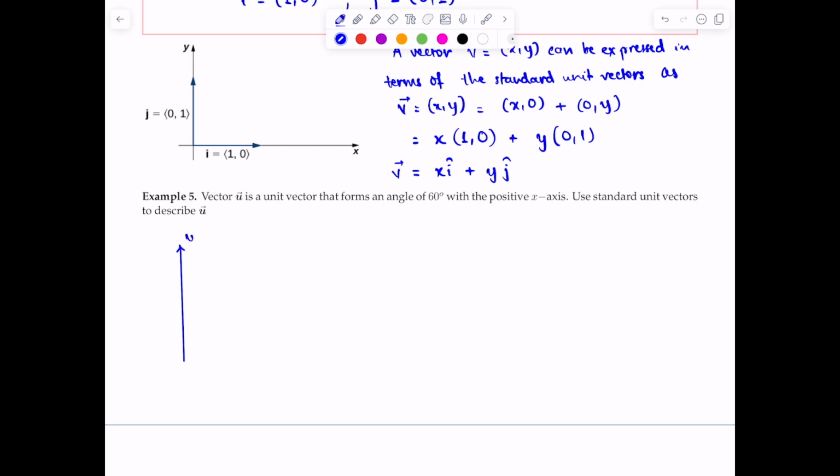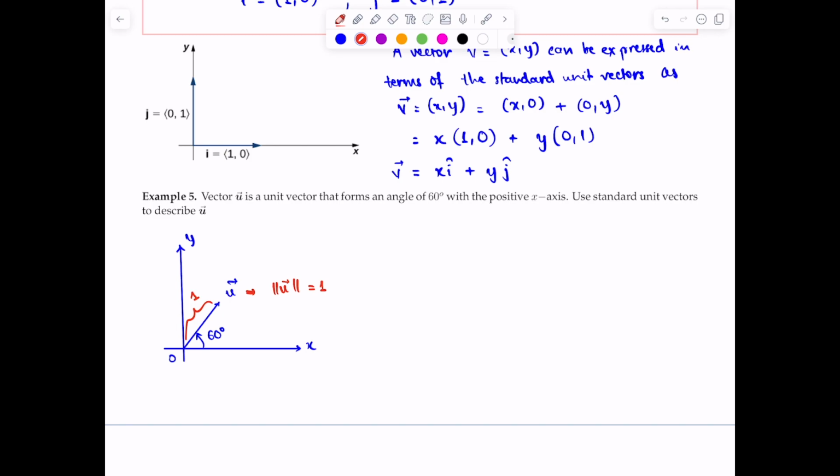Alright, so here's the picture that we want to consider. So this is the y-axis, this is the x-axis, and here is the origin. The vector u forms an angle of 60 degrees with the positive x-axis. So this is the positive x-axis, and this is the vector u. Again, u is the unit vector, so therefore the magnitude of u is equal to 1, or the length of this vector is equal to 1.